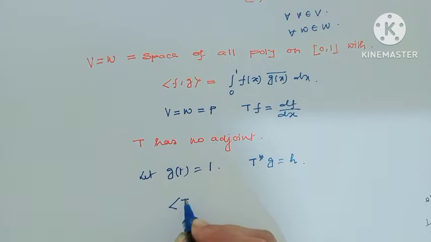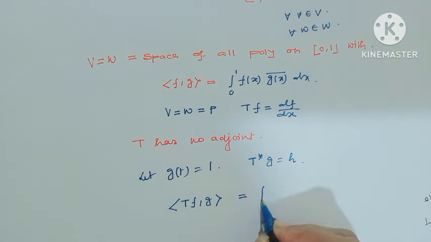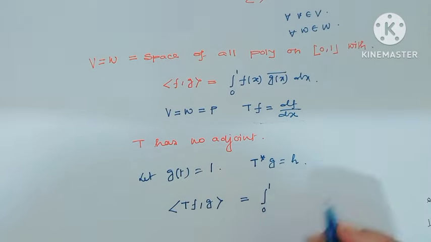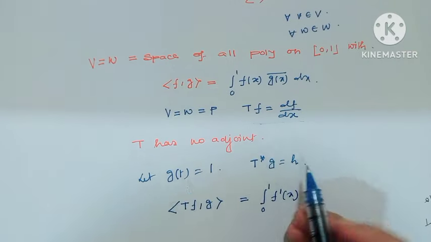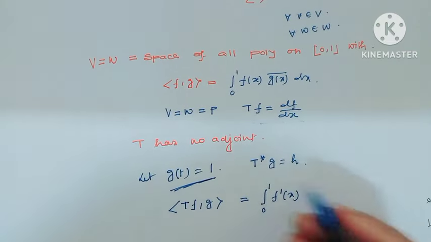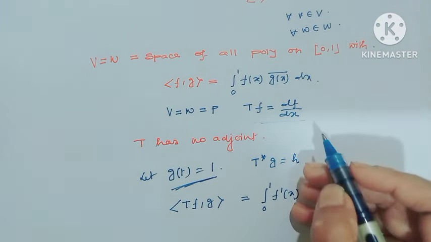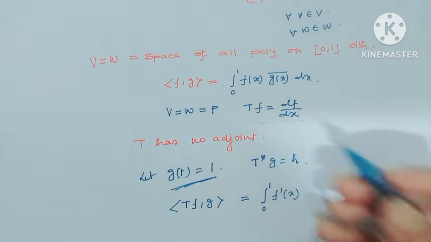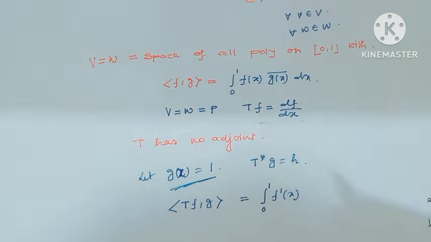Then the inner product of Tf with g is equal to the integral from 0 to 1. Here Tf is the differentiation operator, so this is f dash x, and consider g(x) equal to 1.